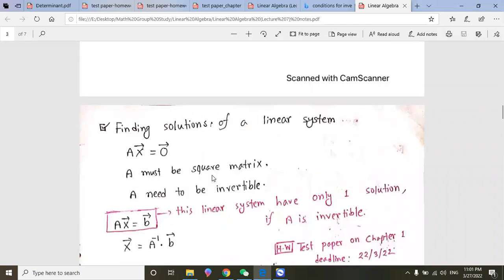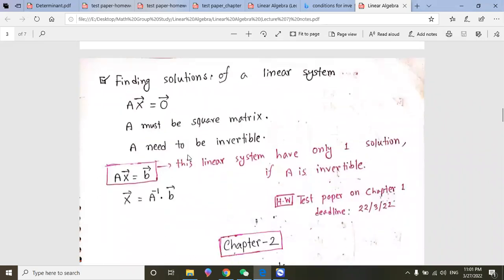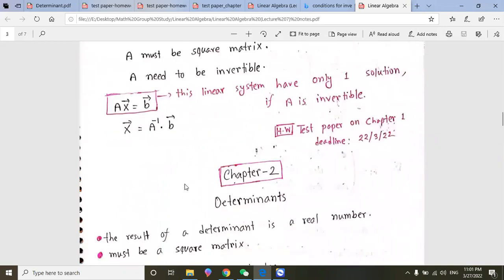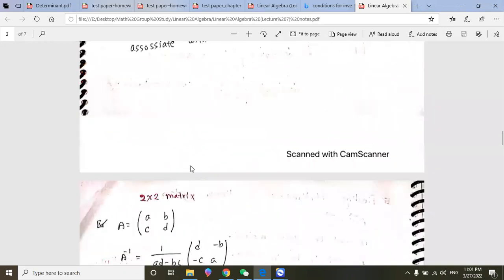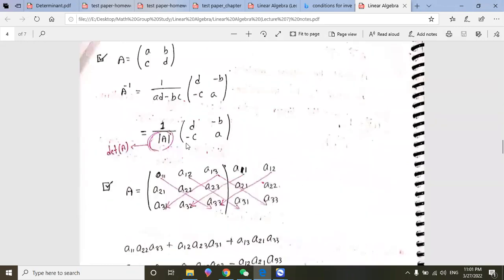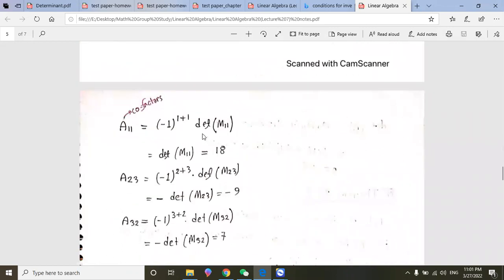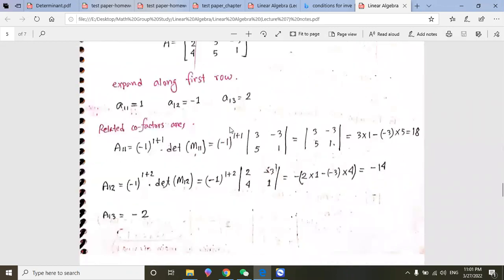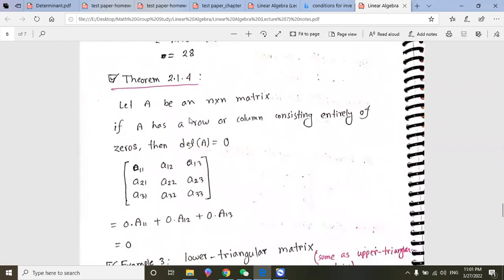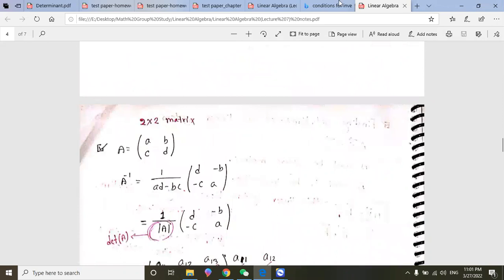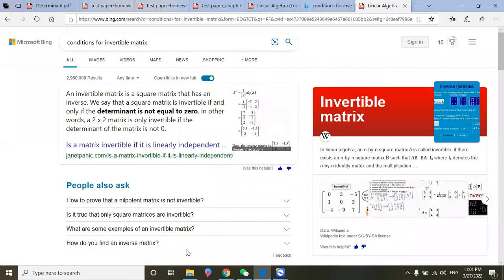It needs to be invertible. It must be a square matrix, and this linear system has only one solution if A is invertible. Okay. This was lecture 7, not lecture 6.